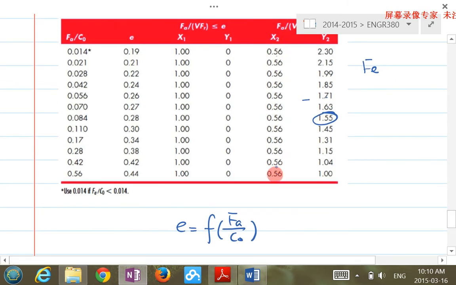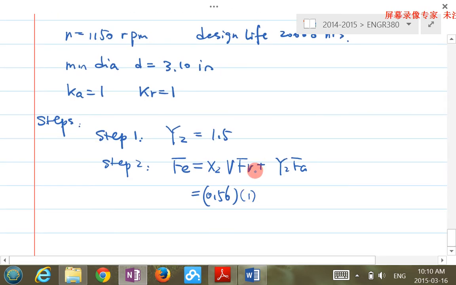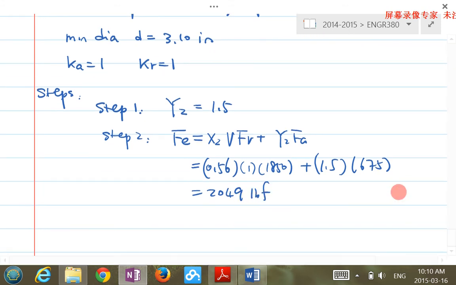Fr is 1850, Y2 is the number we started with, and Fa is 675. Altogether you get 2049 pound-force. That's the equivalent load based on the arbitrary selection of Y2.